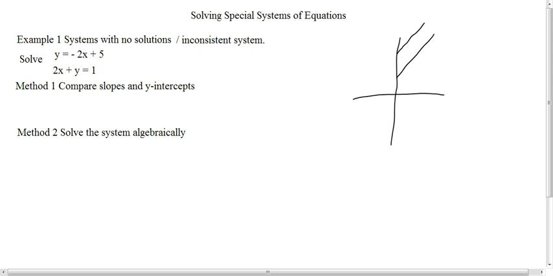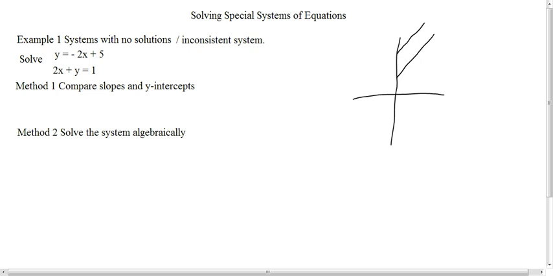That means there is no ordered pair that's going to satisfy both equations. So in plain words, there is no solution.